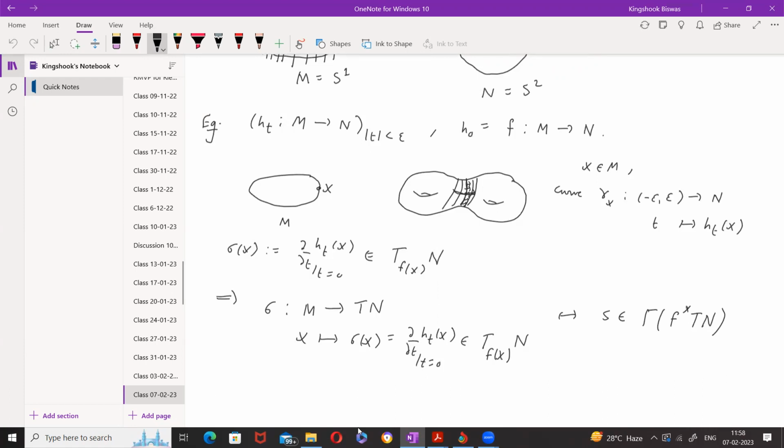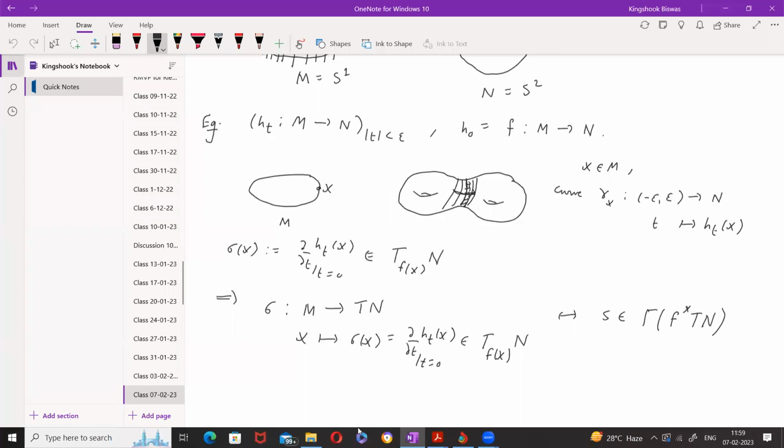So if I take a homotopy of maps and I differentiate at time t equal to 0, then I will get a section of the pullback bundle, the pullback of the tangent bundle of N. Is this clear? So this is why the pullback bundle is useful. Does this make sense?